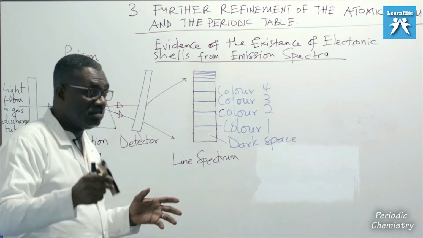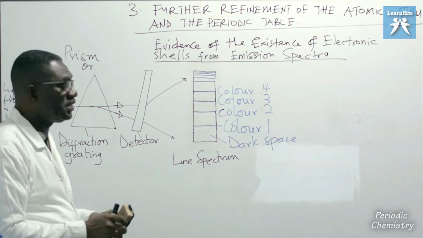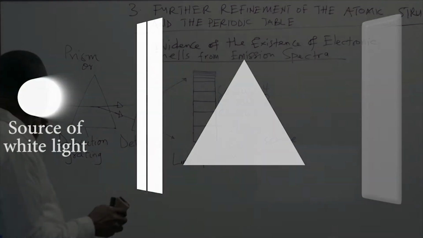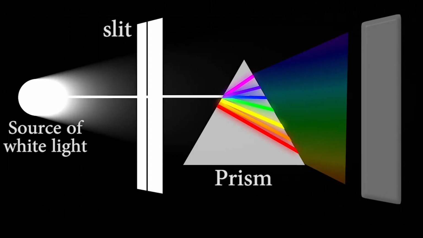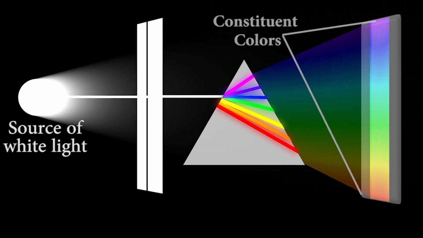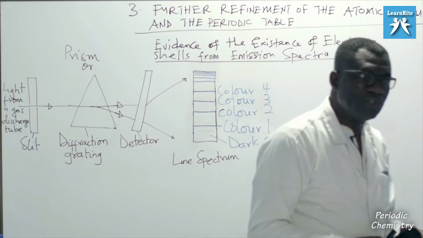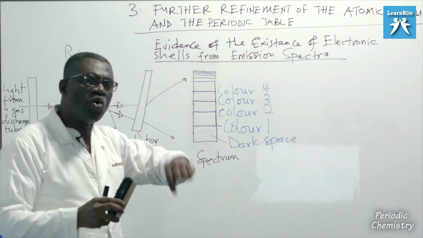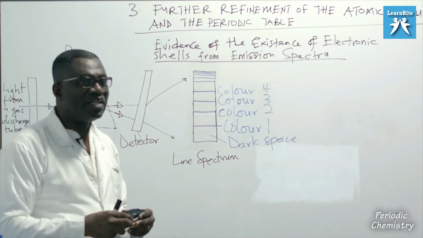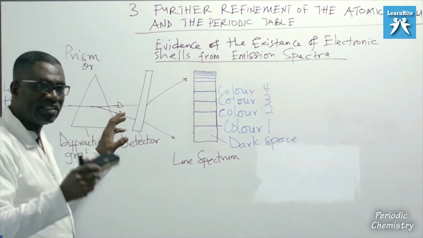If you have light, that is done in your physics. If you have just white light, pure light, and then you throw it through a slit like this onto a prism, the light separates into its constituent colors. Every light is made up of a number of colors. So light coming from any white source that has no atom or substance or element in it, when it is diffracted, that is the scientific word.